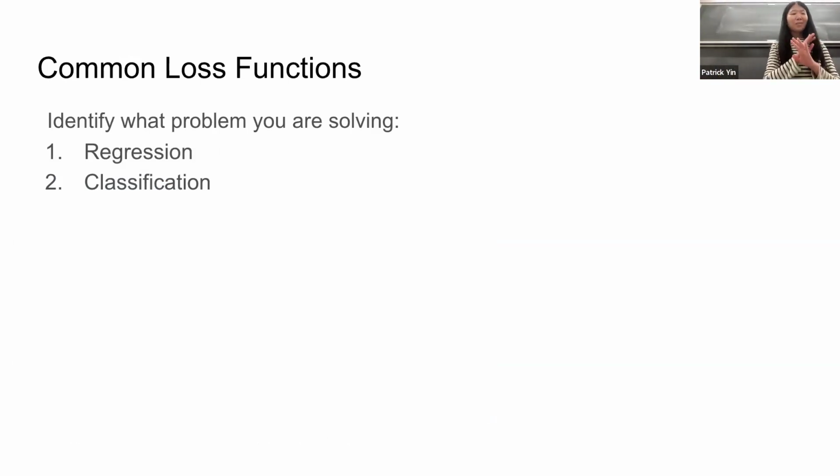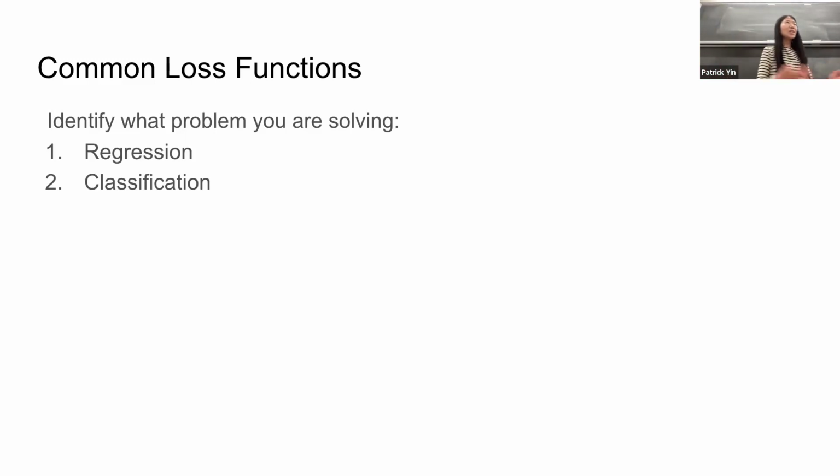Throughout my PhD life, I barely met any categories of problems other than two: one is regression, another is classification. For regression, can anyone give us an example of a regression problem? Yeah, that's a good one.